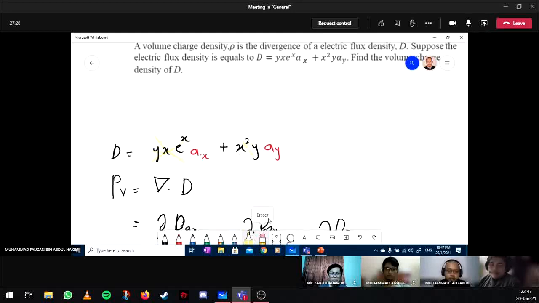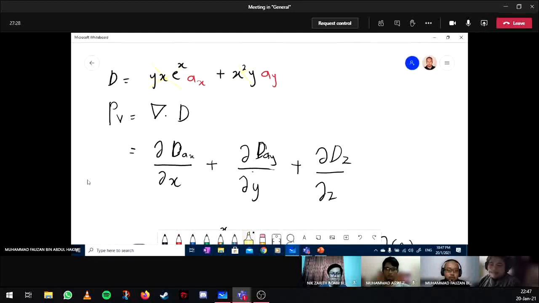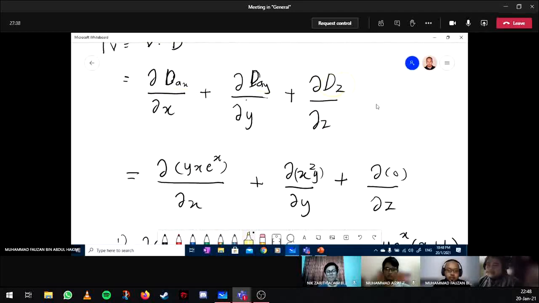So we put the components into our partial differentials for d/dx and d/dy. Since there is no z component, we consider it as 0. We need to differentiate y x e to the x and x squared y with respect to x and y.